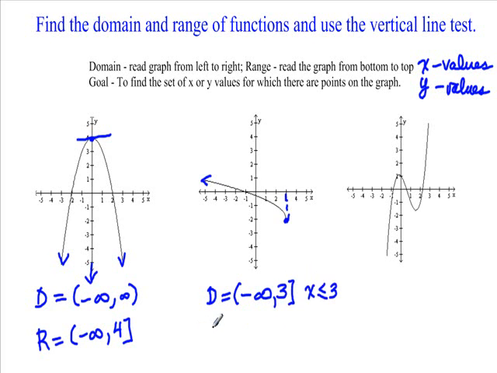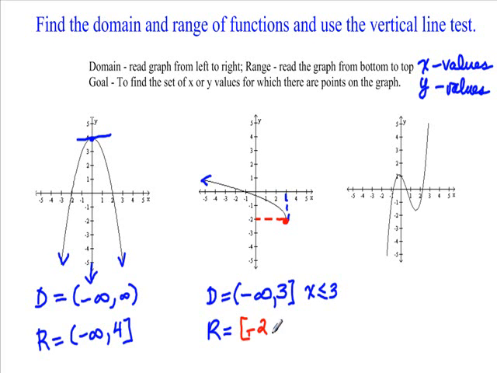Now the range of that changes my focus. Again, I'm looking from the bottom to the top. From the bottom, my graph is here, but I need to find out what that y value is, and it is negative 2. Where does it end as I go up?